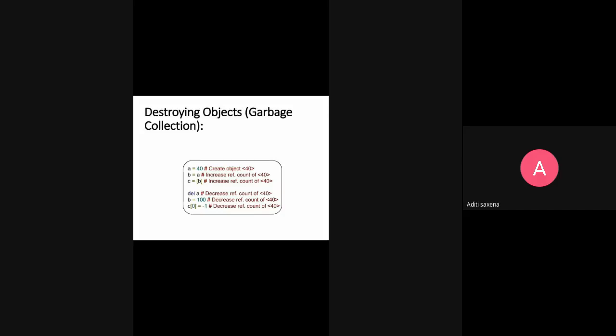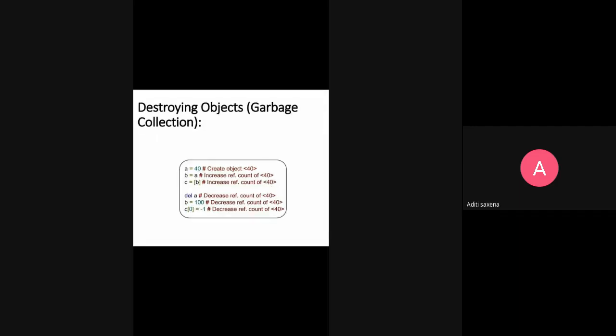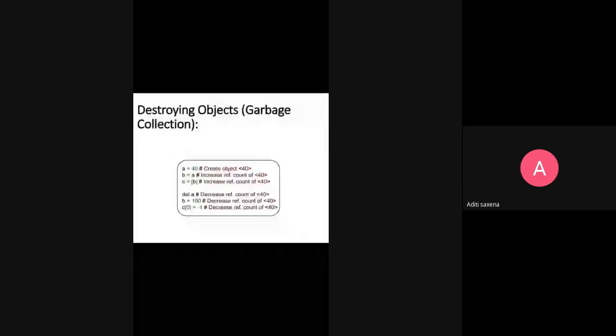So a class is also something like a data type, but a user defined one. Okay. Suppose we have created another variable b in which we have stored the value of a, and we have created c that will store the value of b. So if I write del a, what will it do? It will decrease the count of 40, meaning it will delete this variable.